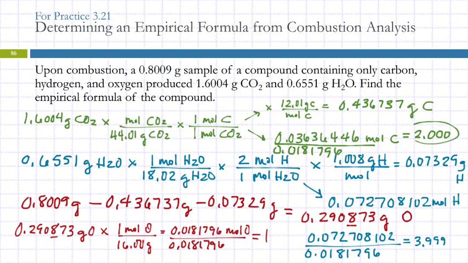So I've got this one, and this one, and that one. All of those can be rounded to whole numbers. This is the subscript for carbon. This rounded to 4 is the subscript for hydrogen, and 1 is the subscript for oxygen.